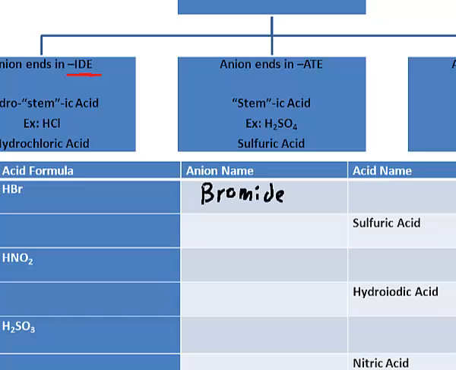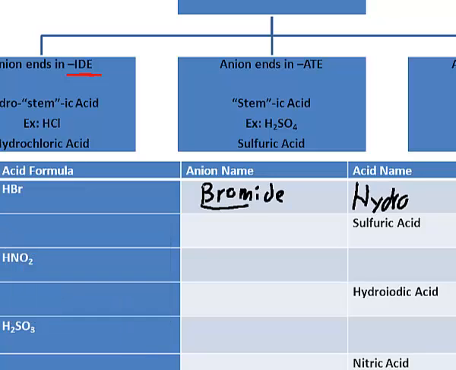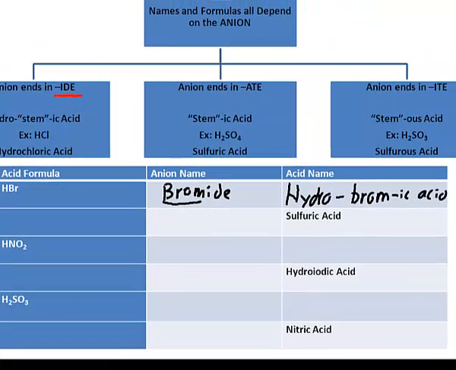So I look at my rule, and if it ends in IDE, I'm going to go with hydro as my prefix and keep the stem, which is brom, hydrobromic acid. Normally you leave out the dashes. Yeah, we can just put it all together. But I understand what we're doing there. We're just showing the prefix, showing the stem, and showing the suffix.